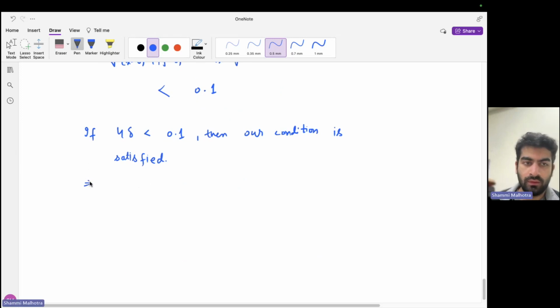So this holds if and only if my delta is less than 0.1 by 4, and that is nothing but 0.025.